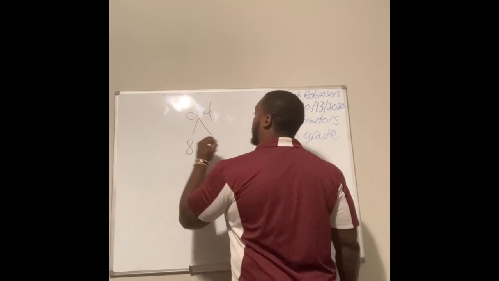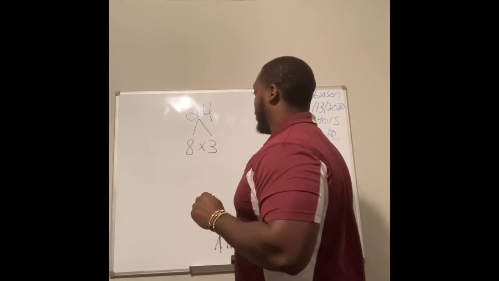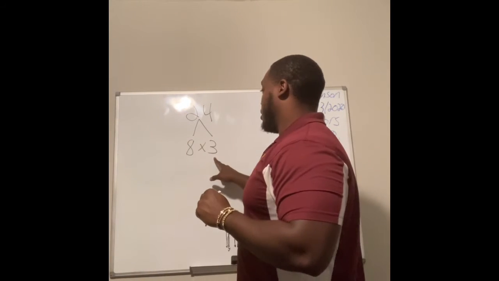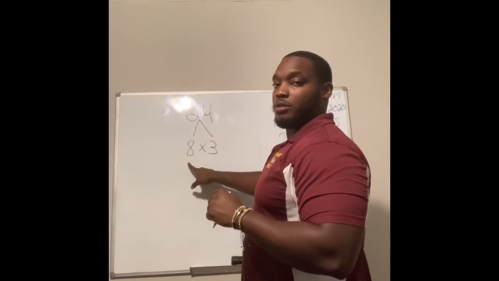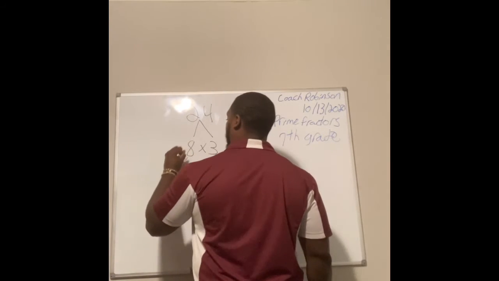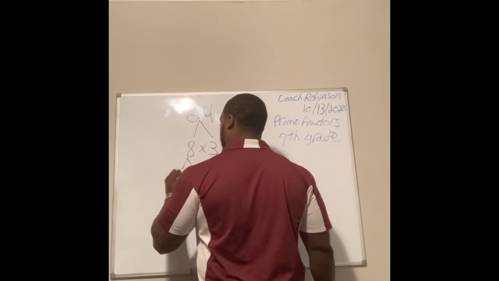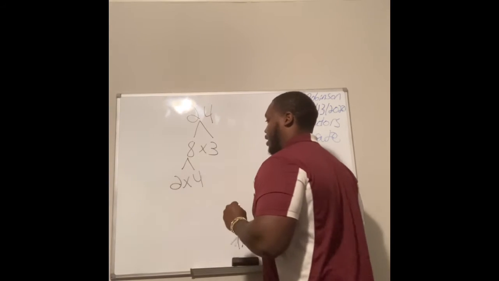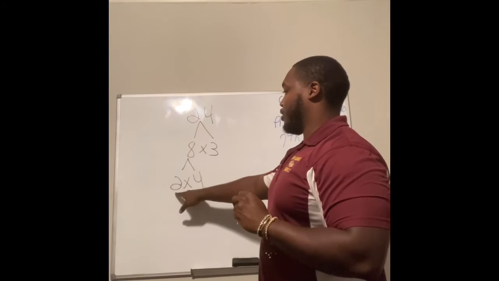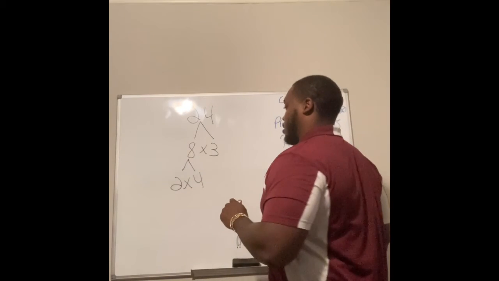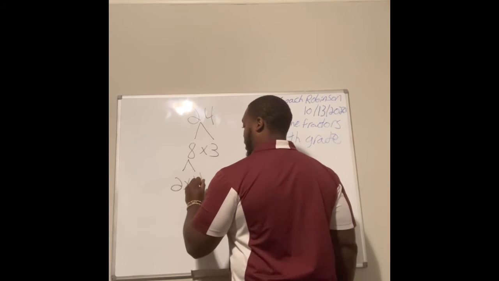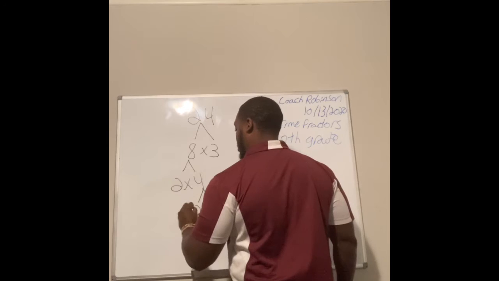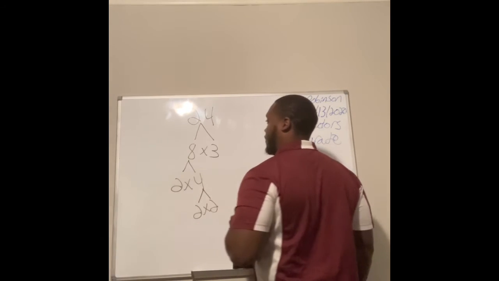Okay. So now we have one prime number already. We know 8 has factors 2 and 4. So break this down to 2 times 4. And now we know we have another prime number being 2. Now we have 4, which is a composite number, and that breaks down to 2 times 2.